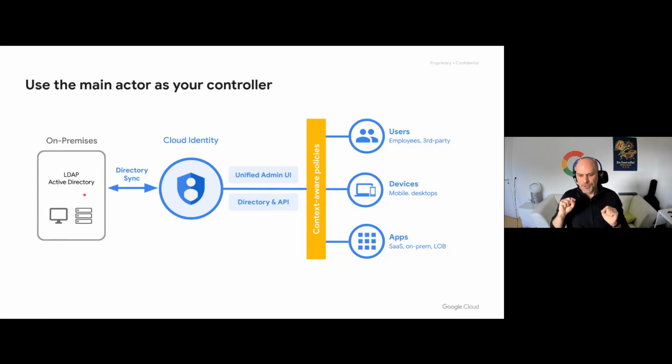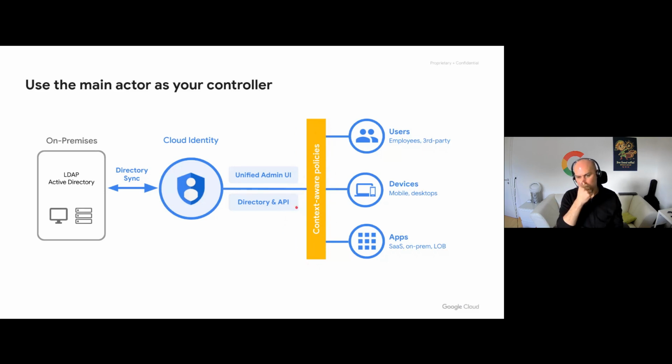We can synchronize and we can use those users within Google Cloud Identity. We don't even need to have the password of the users, so you don't need to synchronize those if you enable a federation to those sources. So you can really take it the way you like it, but that's the core aspect. And as previously mentioned, this is important.